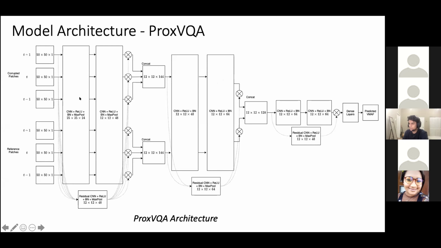So what this network does really is that you take one patch, you extract some spatial features, you take another patch, do the same thing, and another patch, do the same thing, and then you merge those features together into one big block. You take that block and you process them together as one to extract any temporal characteristics. And you do this for both restored and reference. You take the output, you concatenate together, and then you further process, but this time as one block, and you get some predicted VMAF score.